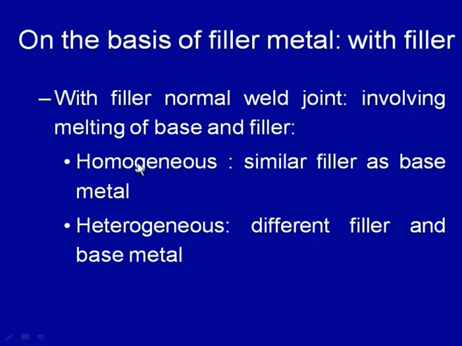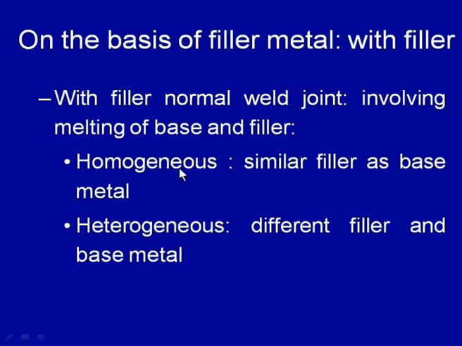There can be two situations: the filler material may have a composition similar to that of the base material, or it can have a different composition. When the composition of the filler material is similar to that of the base material, we call it a homogeneous weld, and we get a heterogeneous weld when the filler material composition is different from the base metal.